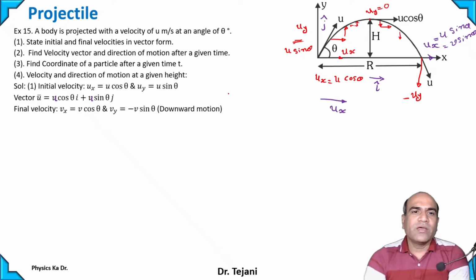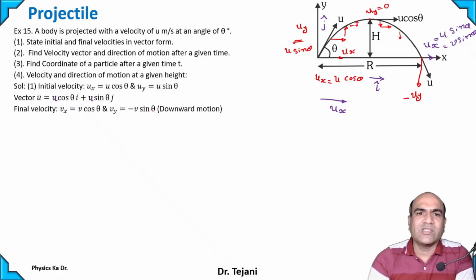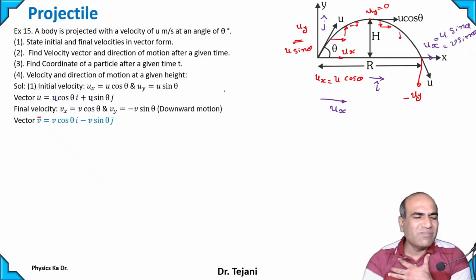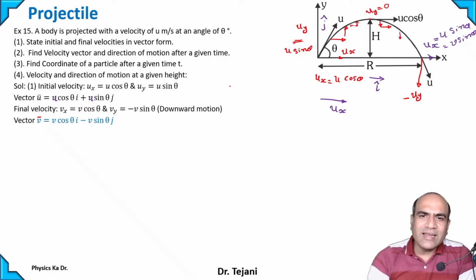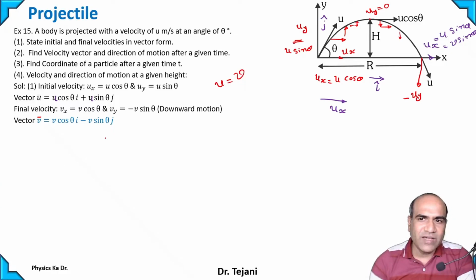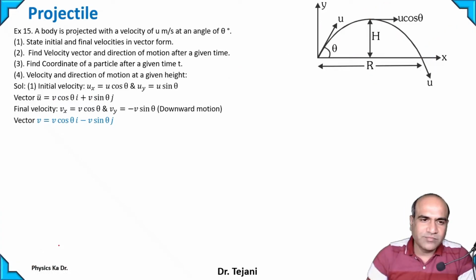So therefore, uy is again sine theta, but it is minus v sine theta, and therefore the final component v vector is equal to v cos theta i minus v sine theta j. See, in this case we are assuming that there is no loss of energy, or simply we are neglecting air resistance. Therefore u is equal to v at initial and final position. This is true, and therefore u is equal to v for this case.